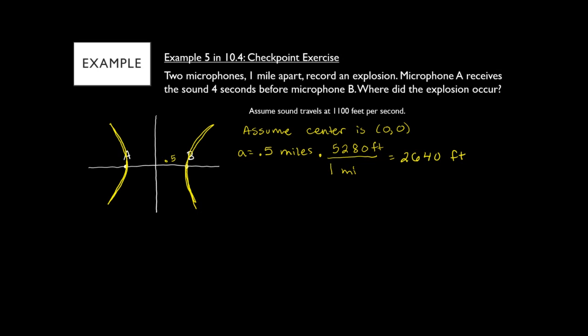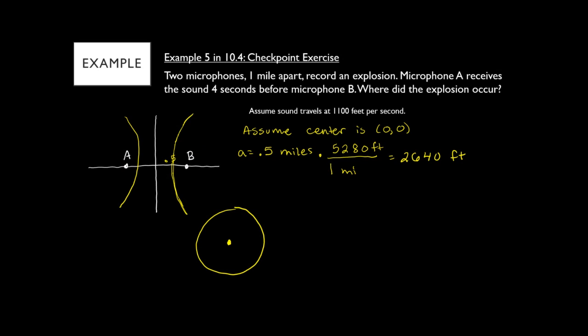Actually, as I'm looking at this problem, I realize that the locations of the microphones are not actually on the vertices. I misspoke there and misdrew. We're actually at the foci, because we're asking, okay, the sound is somewhere. If I have a microphone here, it's going to catch anywhere in this direction.